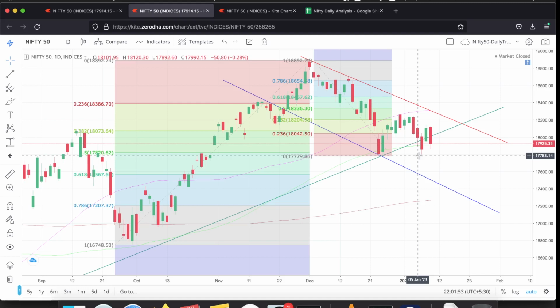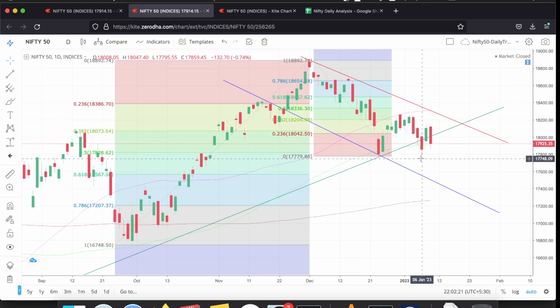So this 17,800 or 17,780 level is a key level. If Nifty manages to close below this level, eventually there can be enough bearish conviction building up to breach this particular support level, and maybe test 17,560 or even break that.